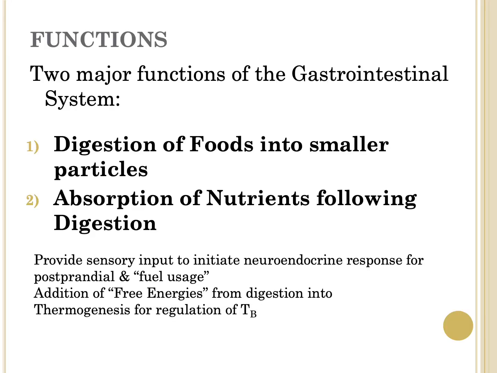So we have two principal functions within the system. The two principal functions are going to be to digest materials and then to absorb the nutrients that come about from the digestion of the materials. In doing these two processes, the system is going to be able to provide sensory information as to what materials are coming in, so as to initiate the neuroendocrine response for postprandial, that is after-meal, initiations for fuel utilization as well as metabolism.